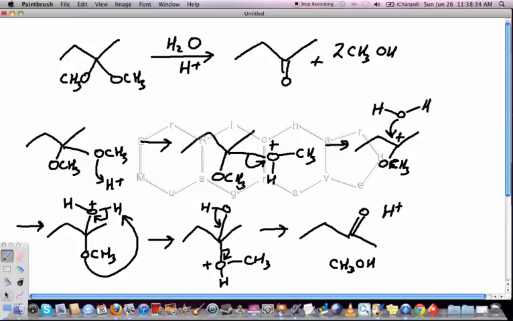The other possibility, and there's nothing wrong with doing this either, is to have that last step occur in two steps.